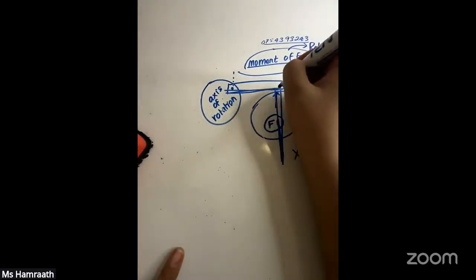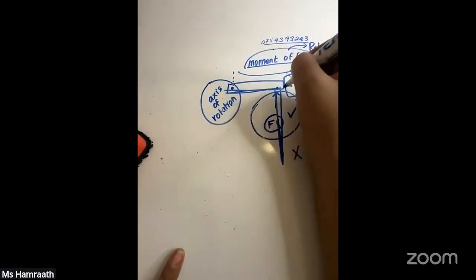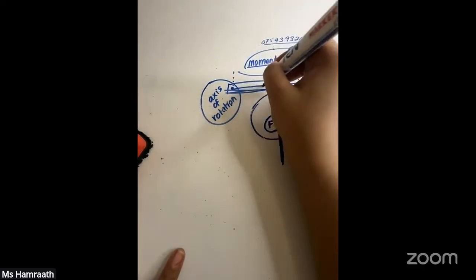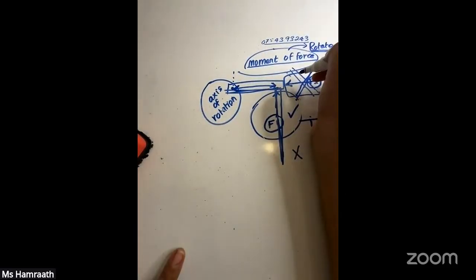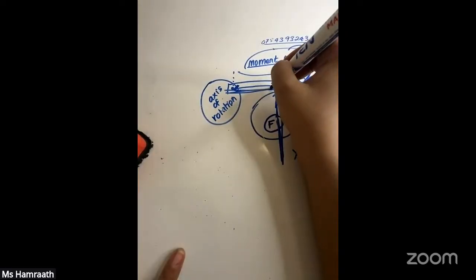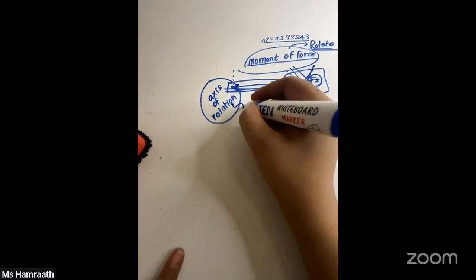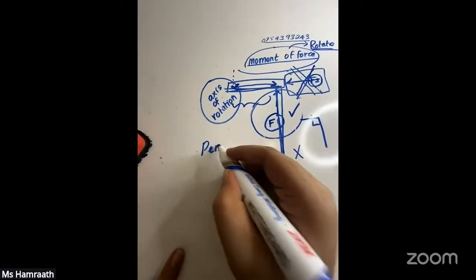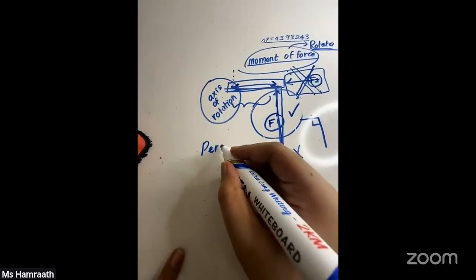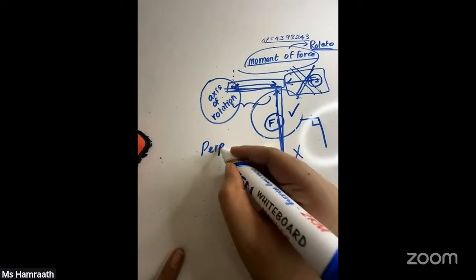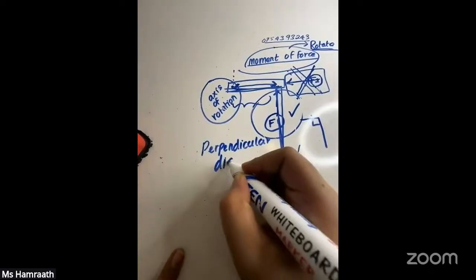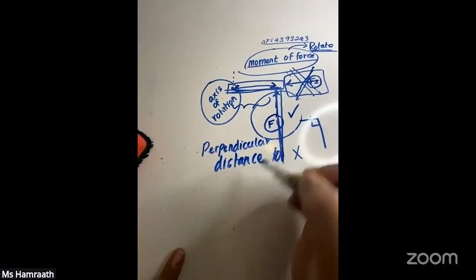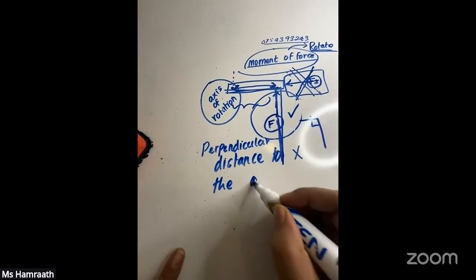Perpendicular distance from this point to this axis of rotation. Let's say I am giving a force at this point. From this point to this point, I should have a distance. So when I'm having a distance from this point to this point, I call this distance as the perpendicular distance to the axis of rotation.